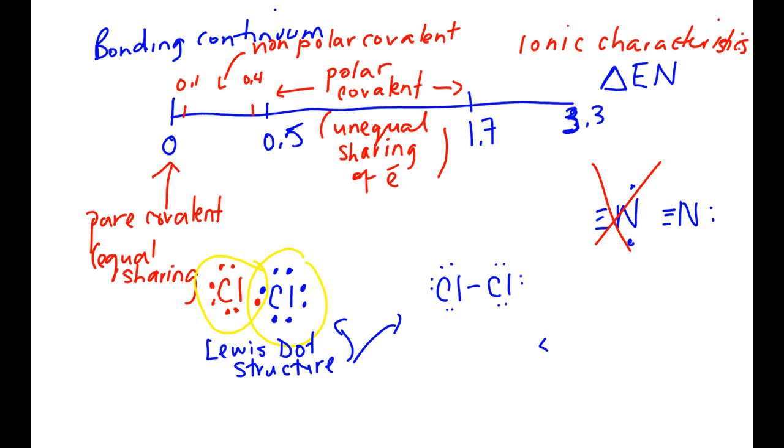A structural formula only shows the bonds. So it'll just be a Cl with a bond to another Cl. So a structural formula just shows the bonds. No electrons, no unpaired electrons.